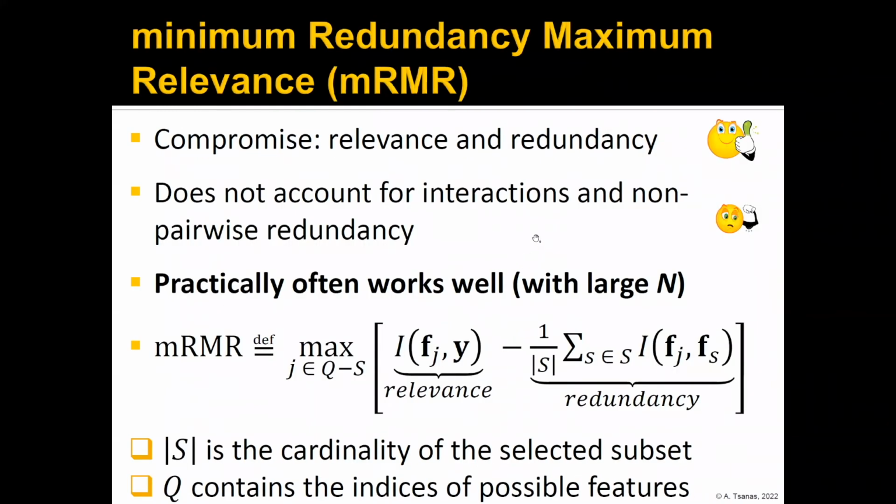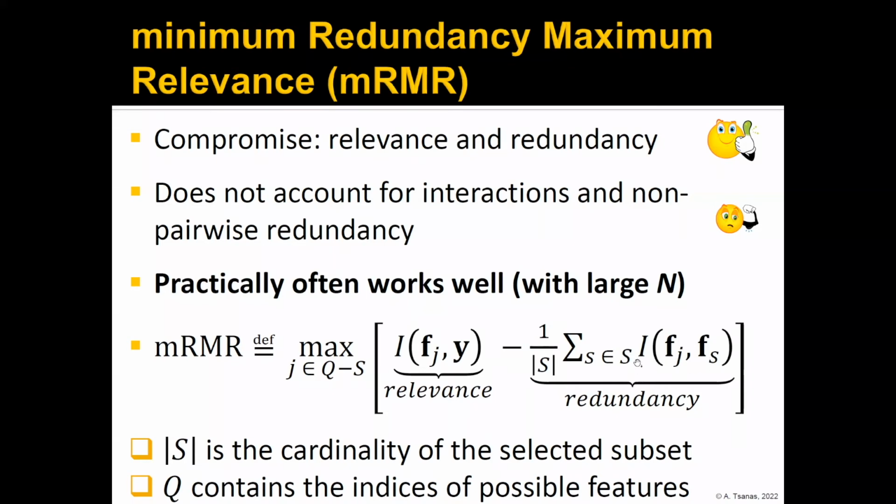So let me briefly talk to you about some algorithms that have been very popular in the literature. The first one is mRMR, the minimum redundancy maximum relevance. Effectively, what you try to achieve here is you have the mutual information between a candidate feature and the outcome. That is what we call the relevance. And you try to minimize the mean of the pairwise associations.